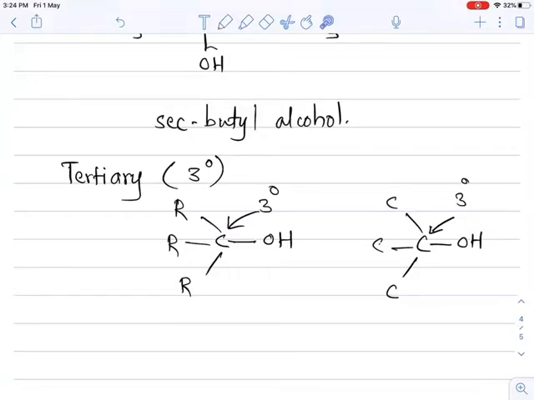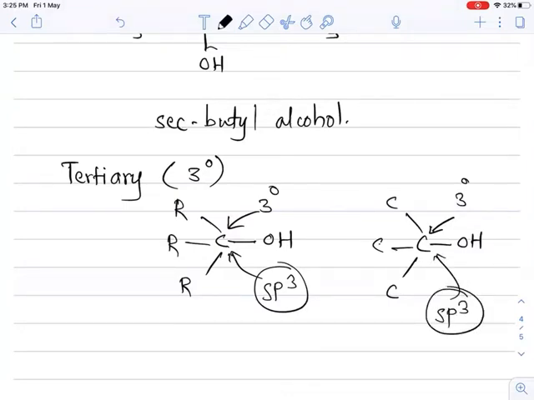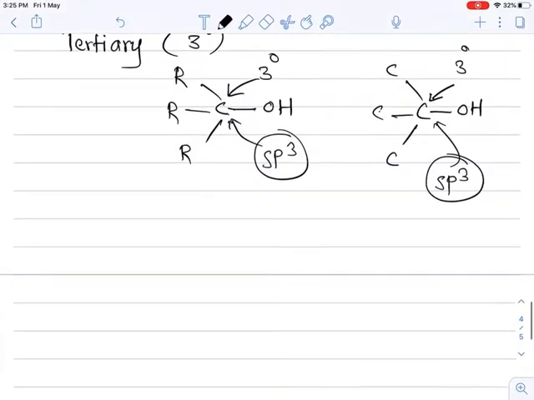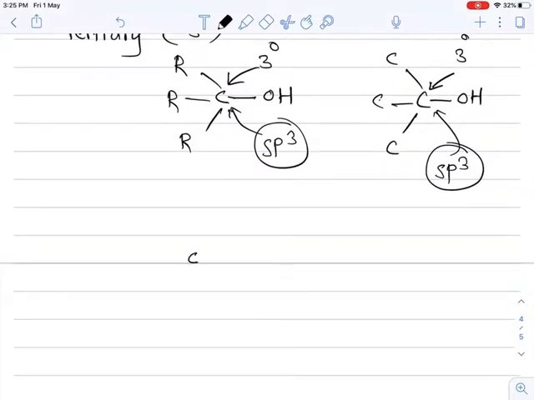Again you observe this carbon is singly bonded, so it shows which type of hybridization? sp3 hybridization. Very good. And if we take the example, to get a tertiary carbon we require a minimum of 4 carbon atoms. So this is the tertiary carbon to which 3 other carbons are attached.